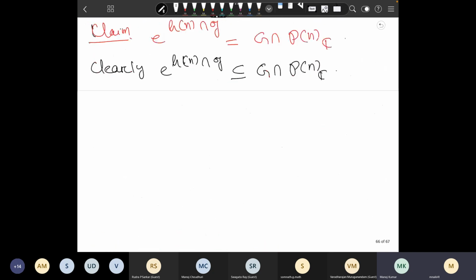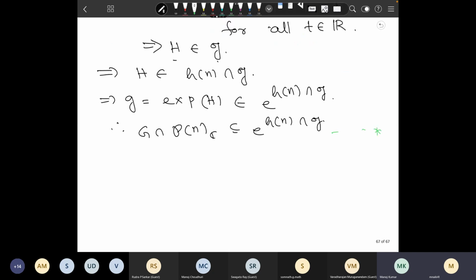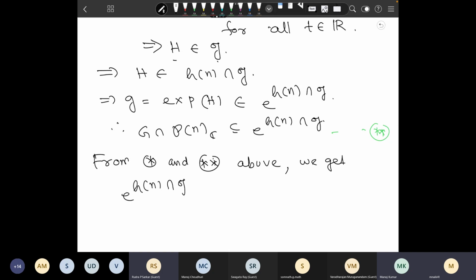Let us call this star, and this double star. From star and double star above we get e to the power h_n intersection G is equal to G intersection P and C. So the exponential map on h_n is a homeomorphism.